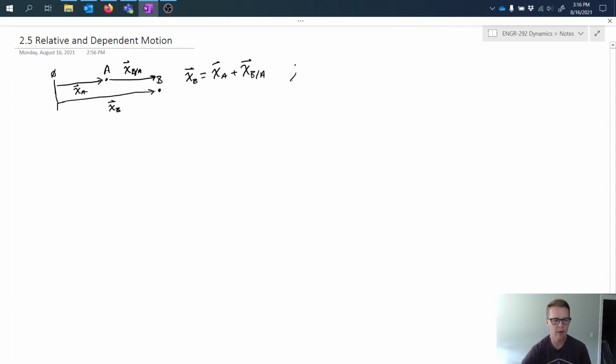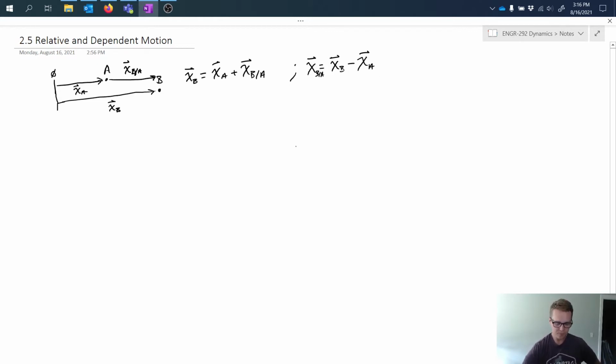Similarly, I could rearrange this equation and describe the relative vector b/a as the difference between xb and xa. Now for me, I always remember the order of these things by saying, okay, it's b slash a, which means it's going to be b minus a. And that way I can always keep it straight in my head when I'm trying to write it out.